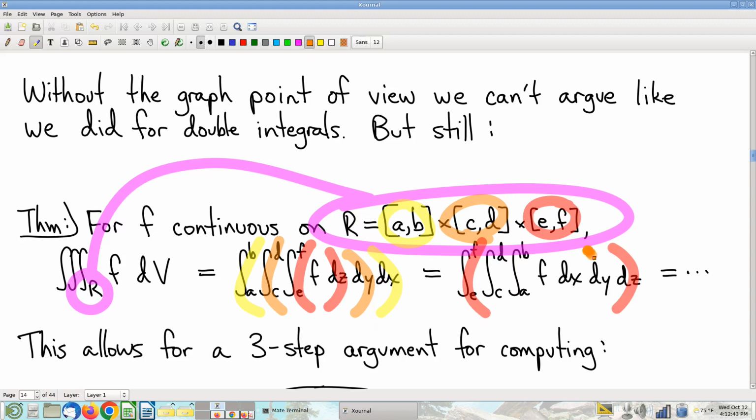Maybe you do your y bounds second on the inside, and then your x bounds last inside. Got to be careful with that terminology. Either way, as long as they pair up, any shuffling of the 3 things is fine. Any of the 6 different orderings is all good.